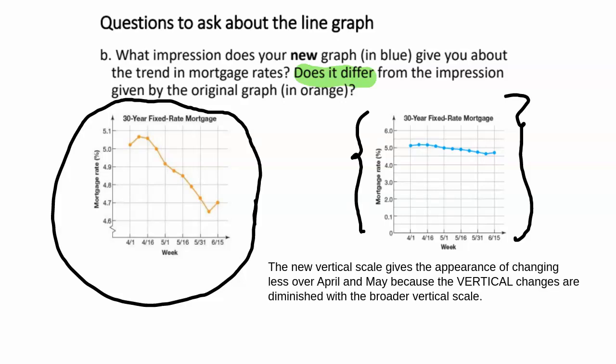Okay. Now, notice all of our interest rates in blue kind of sit around 5.0. That 5.0 line, I've got some above, some below. Whereas the orange graph, it shows movement.